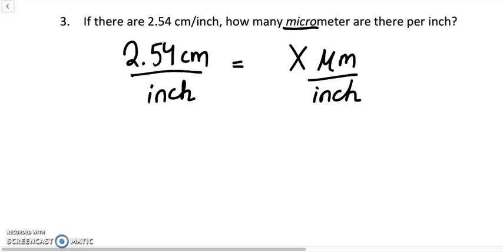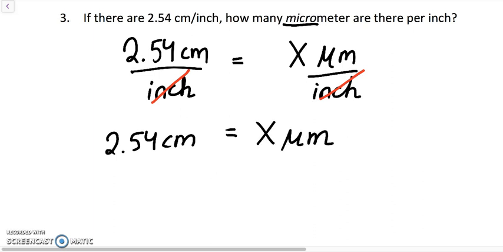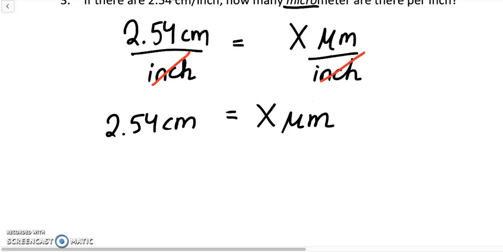So since this per inch is on both sides, I can just easily cross it out. And now we're left with a similar looking problem from before. 2.54 centimeters is equal to, we don't know how many micrometers. So I'm going to change centi to its numerical value.